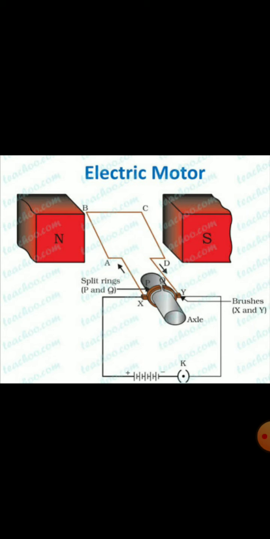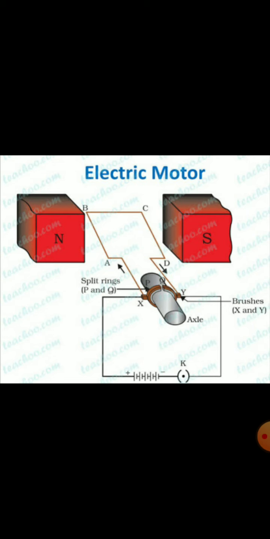ABCD is a rectangular coil of insulated copper wire. Now, where is this coil placed? Rectangular coil ABCD is placed between the two poles of a magnetic field.